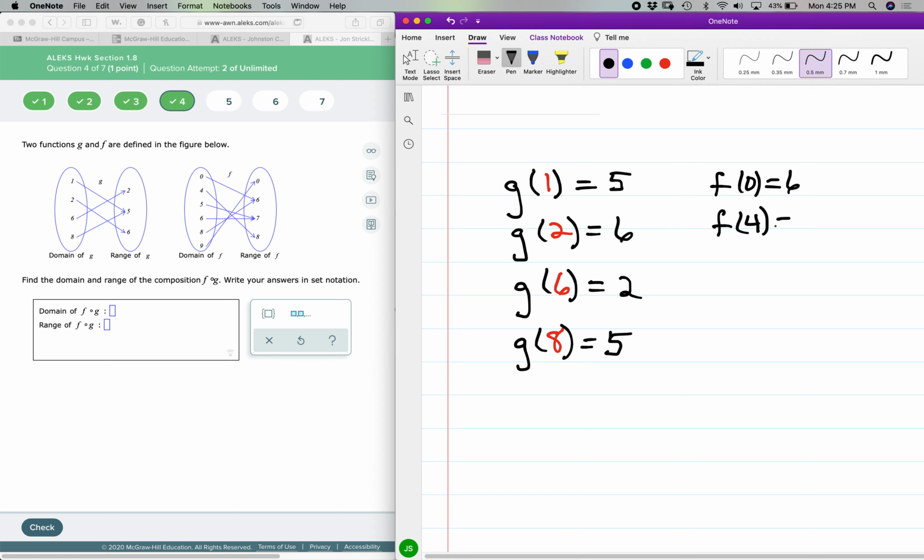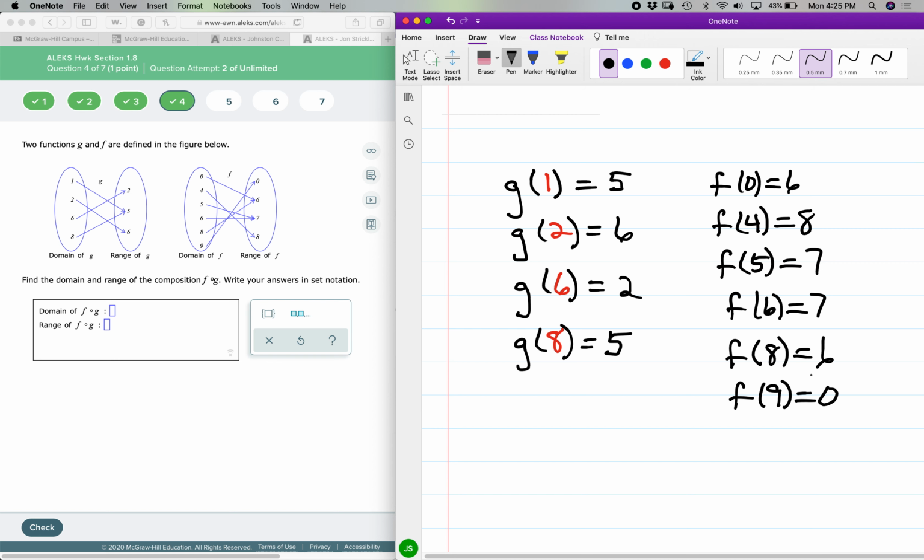F of 4 is equal to 8. F of 5 is equal to 7. F of 6 is equal to 7. F of 8 is equal to 6. And for the mapping, F of 9 is equal to 0.